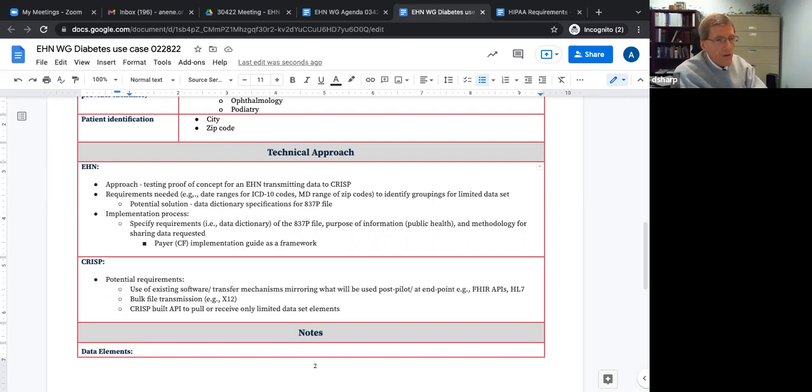So the value to providers, at least in this first step of testing on potential use cases, is more for public health in a focus area of, in this case, diabetes, with the notion that once the data is able to move back and forth, there would be more specificity around a use case.